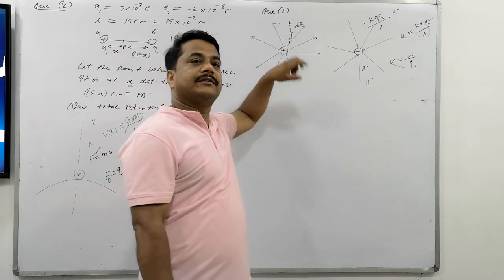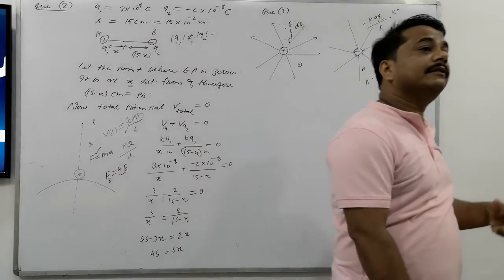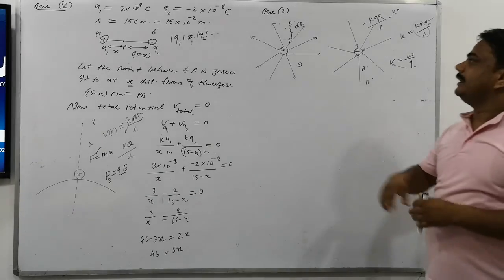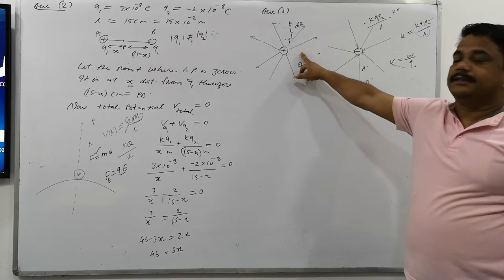If the external field does the work, is it negative or positive? Negative, it is called. Clear? And if this does the work, then the work will be taken positive.